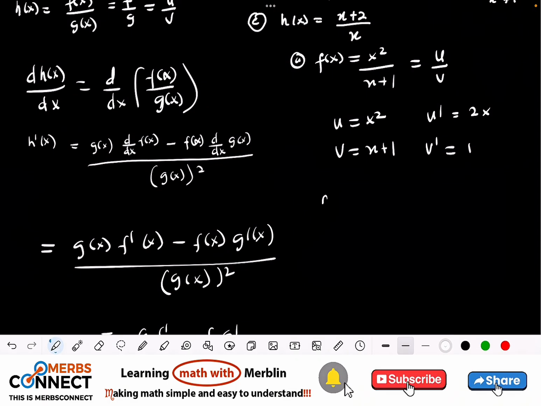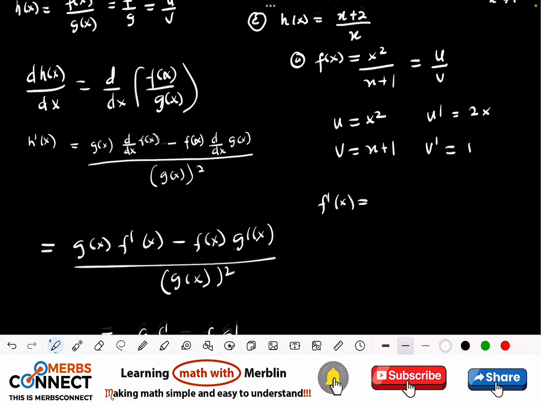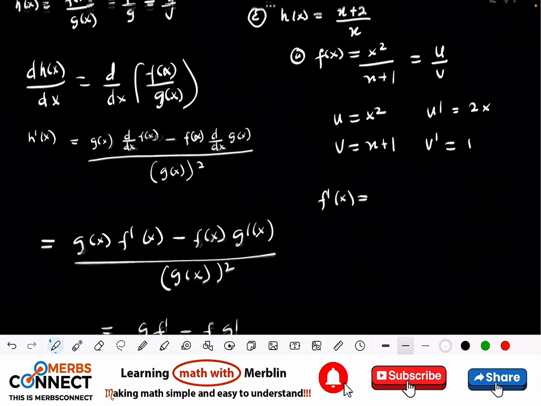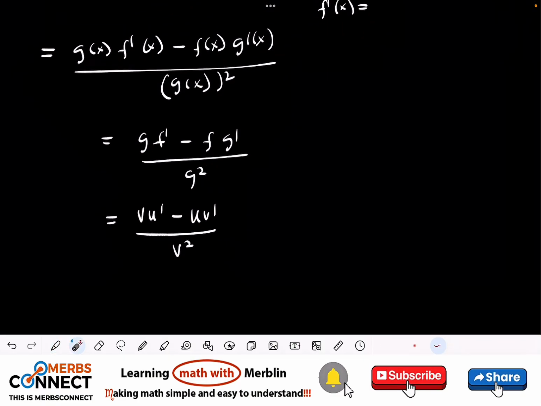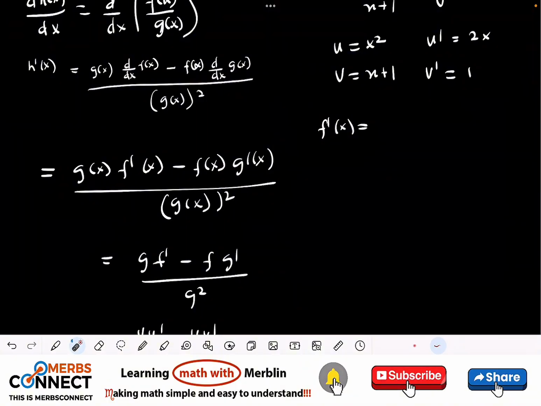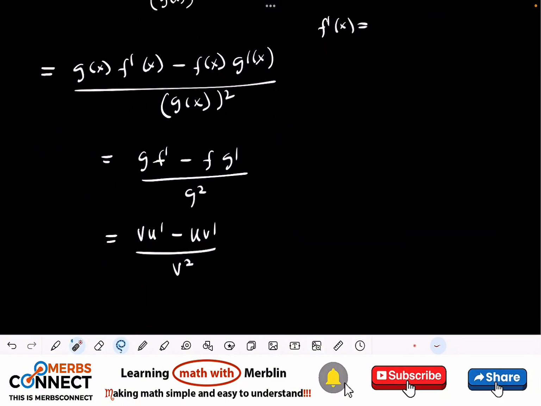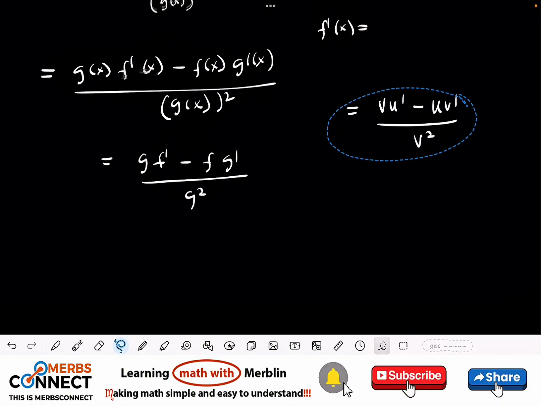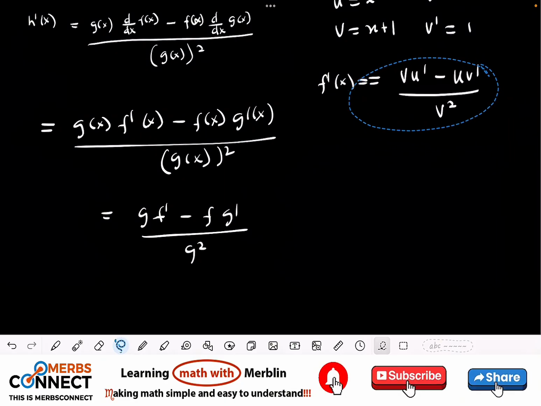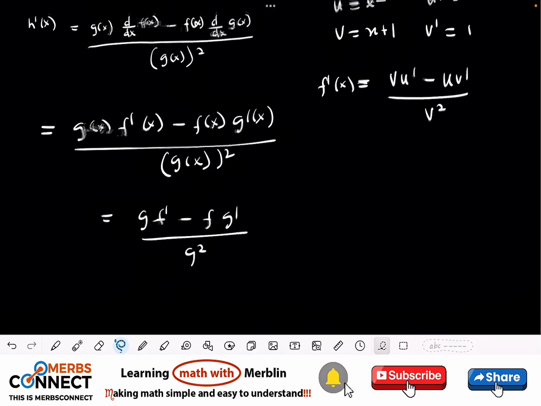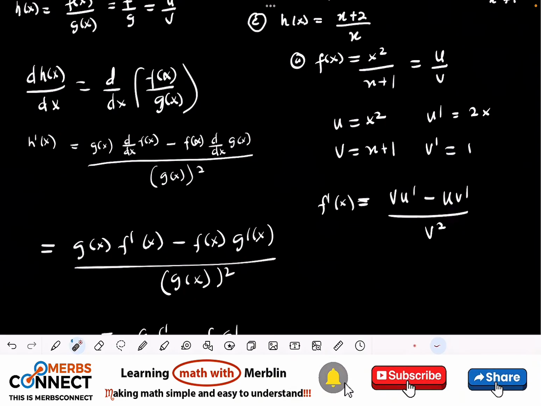Now, f prime is equal to maintain the down, right? Or if you know the formula right here, then everything is set. Let's assume that I know that this is the f prime right here. Then when I choose my u, when I choose my v, I get my u prime, I get my v prime.